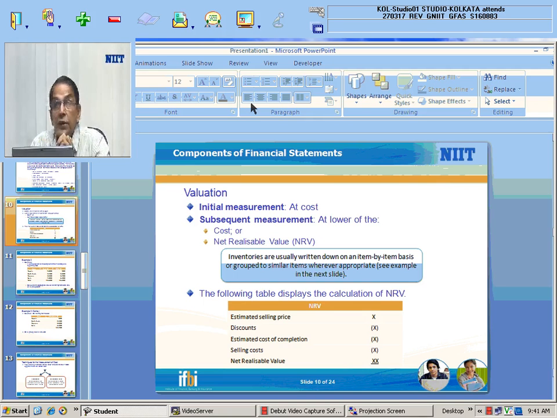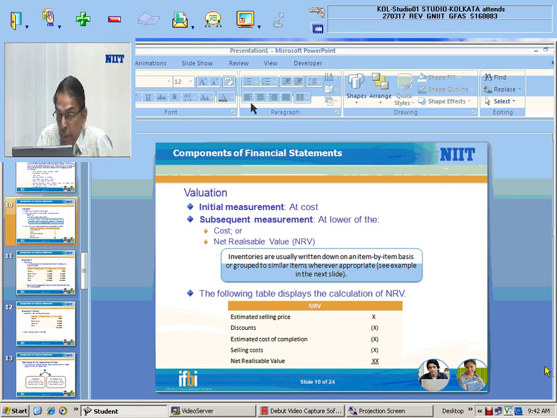When you are looking at two numbers, one is the cost, the other is the net realizable value, we'll always take the lower one. That is the conservatism concept. So basically the idea is never overstate, never do anything that will possibly overstate your profit. That is the basic meaning.